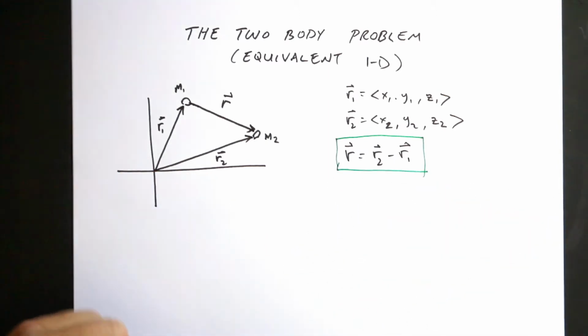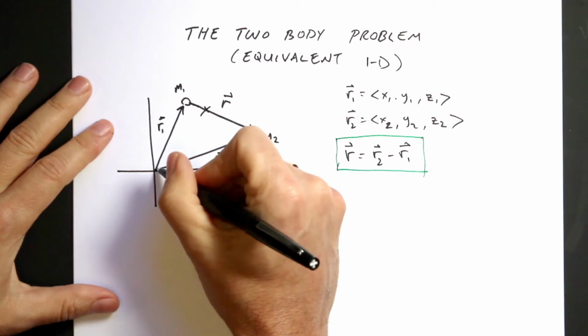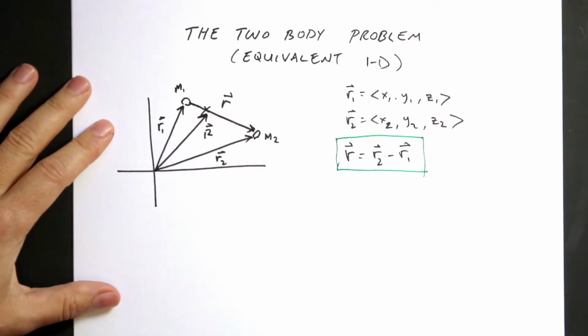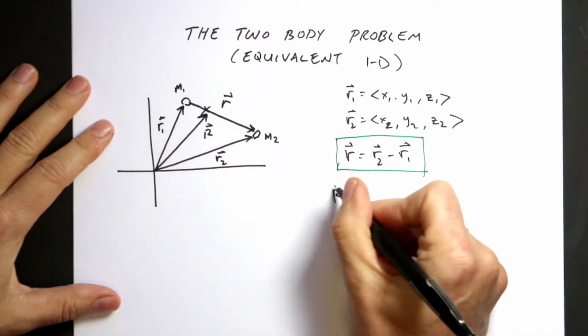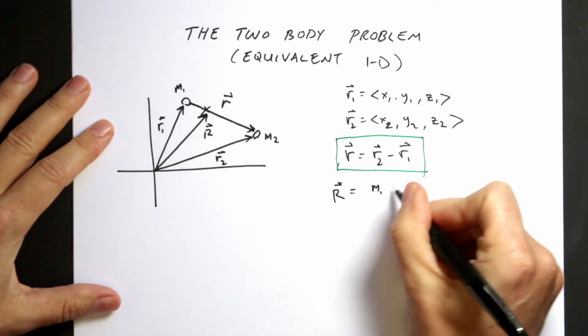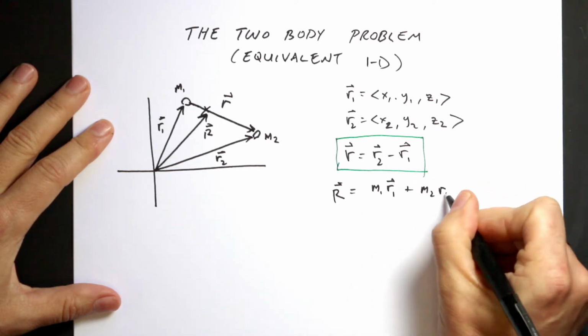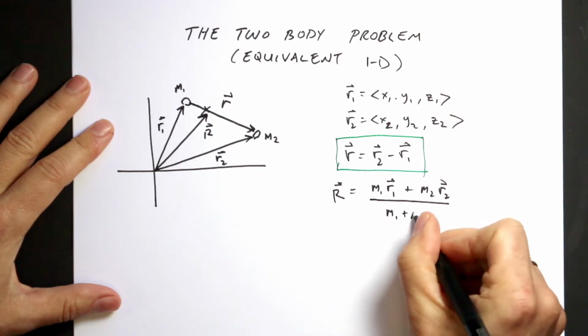And then I'm going to define the center of mass of the system as, say, right there. And I'm going to use the vector capital R. And now we can choose our normal center of mass equation, which says that R is equal to m1 r1 plus m2 r2 as vectors all over m1 plus m2.